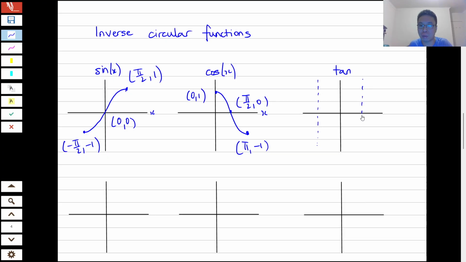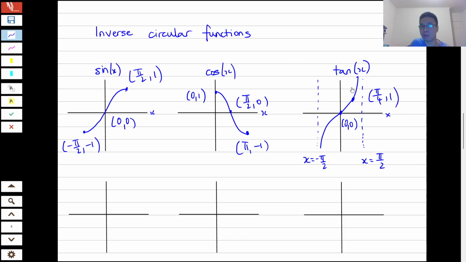Tan is already a one-to-one function, provided that we just consider it between the first two asymptotes. Okay, it's a point of inflection which is non-stationary at the origin, so it shouldn't be flat. And to give some indication of scale, I'll say it passes through pi on 4 and 1. We'll sketch tan graphs a bit later in the chapter.